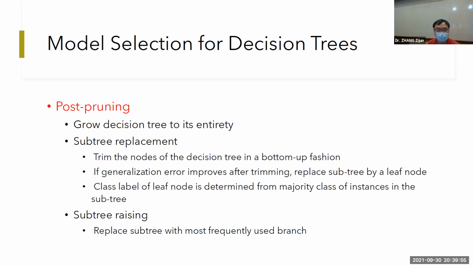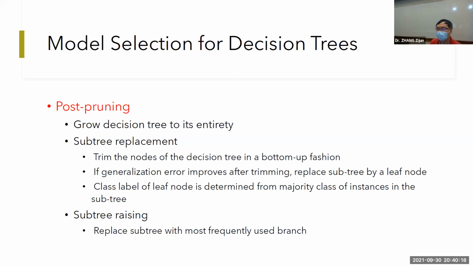Besides the subtree replacement, there's also subtree raising. This subtree raising means sometimes we might not believe that the algorithm will go into an optimal path. It might be trapped in some local optimal path.